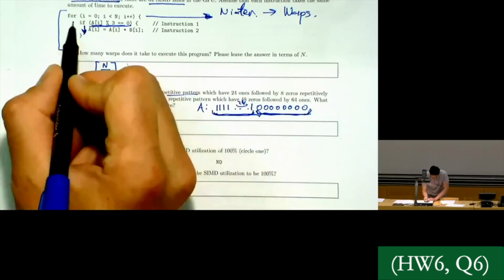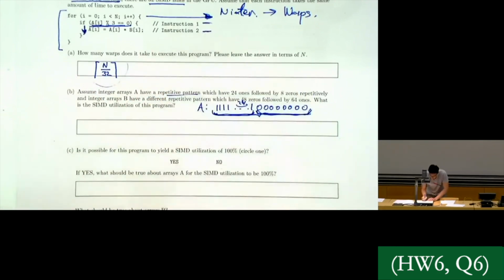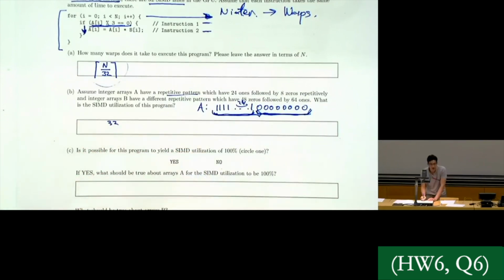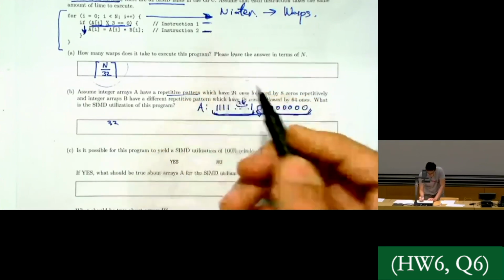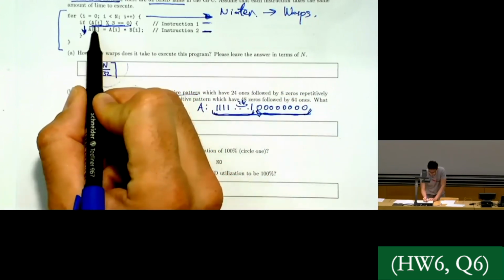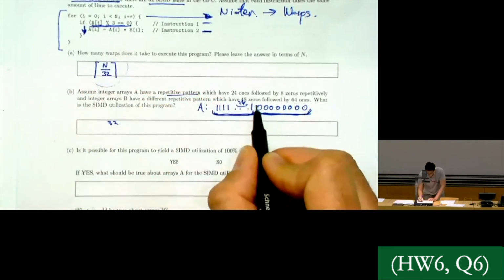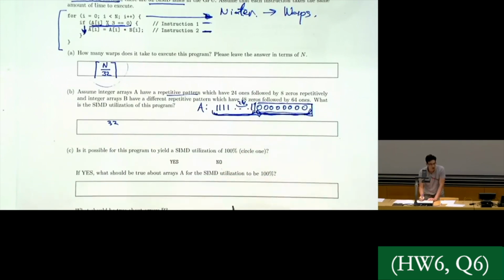So if we have two instructions, instruction 1 and instruction 2, the first instruction for sure is executed by 32 threads in each warp. But the second instruction is only executed by those threads for which A modulo 3 is equal to 0. That is, for these 8 threads that read these 8 zeros here.